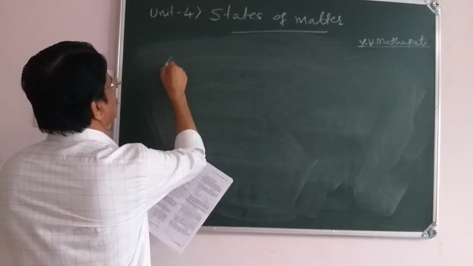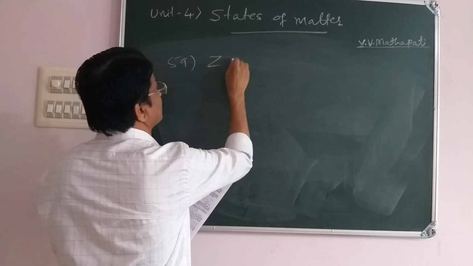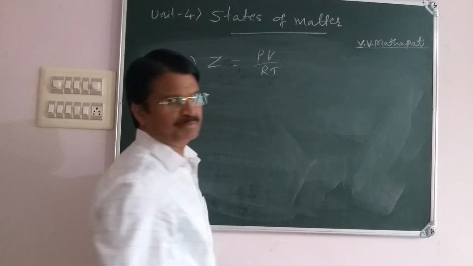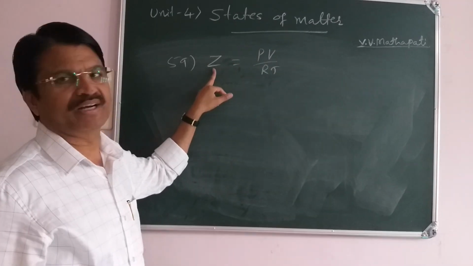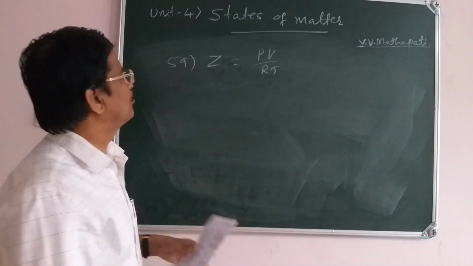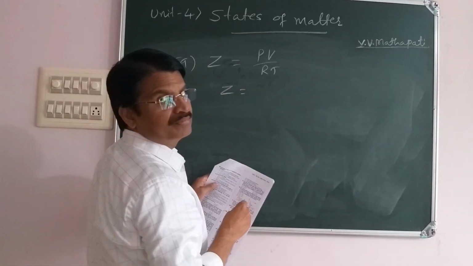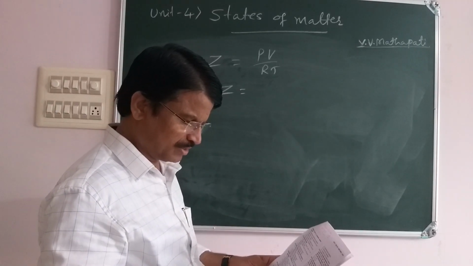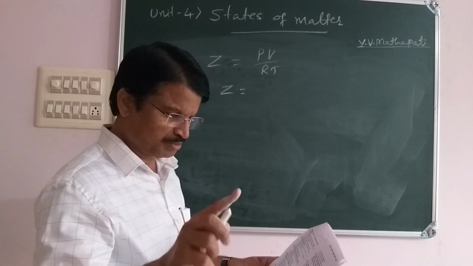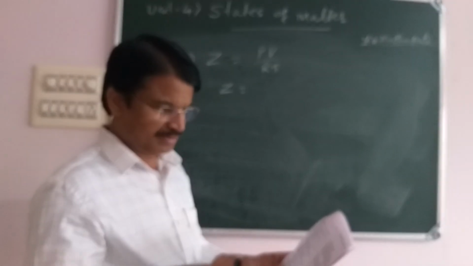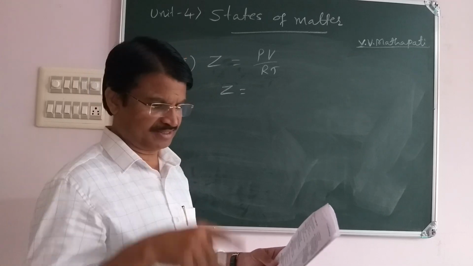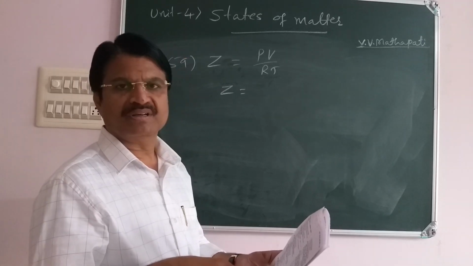Based on this, we can write one formula. Compressibility factor Z equals PV by RT. This is the compressibility factor formula. But here in this question they give temperature and pressure, and volume is 20% smaller. 350 K and 15 bar means real gas: high pressure, low temperature.